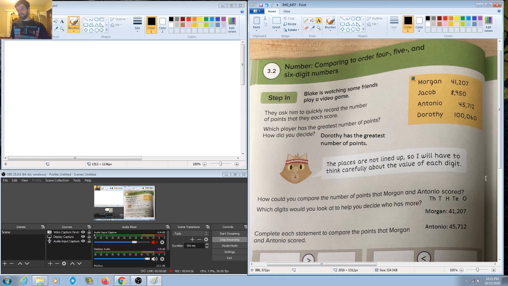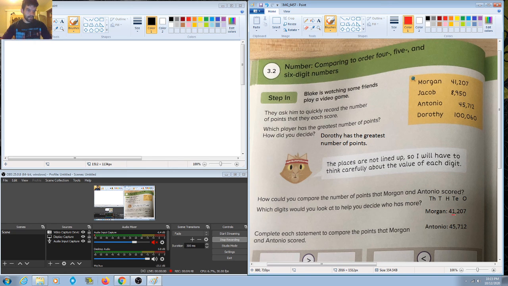Those are the place values we're going to be looking at with these two numbers. Like last time, we'll start in the 10,000s place, but since they're the same, it doesn't provide enough information to see who got the greater score. So we'll go to the thousands place and see that there is a difference.